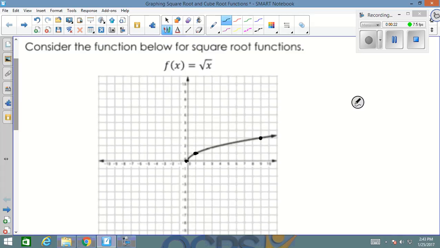Remember we talked about transformations of these. When we did transformations of quadratics, we did something like this. It's something very similar when we're talking about transformations of square roots.